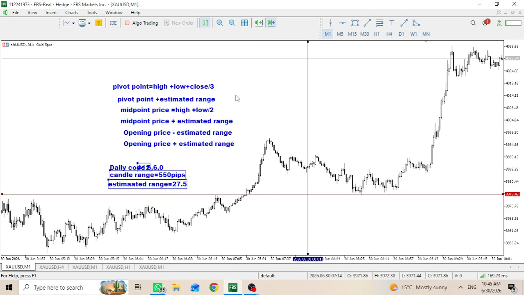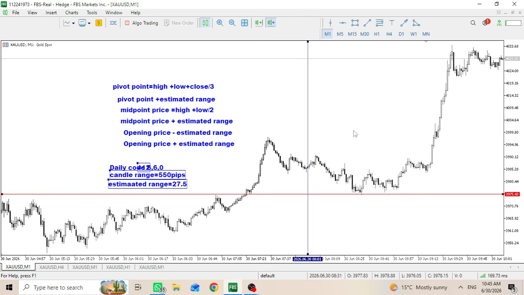You can calculate the pivot of the previous 4-hour candle, go another one. But be keen. If it's a bearish candle and it closes above the midpoint of that candle, use the pivot point.